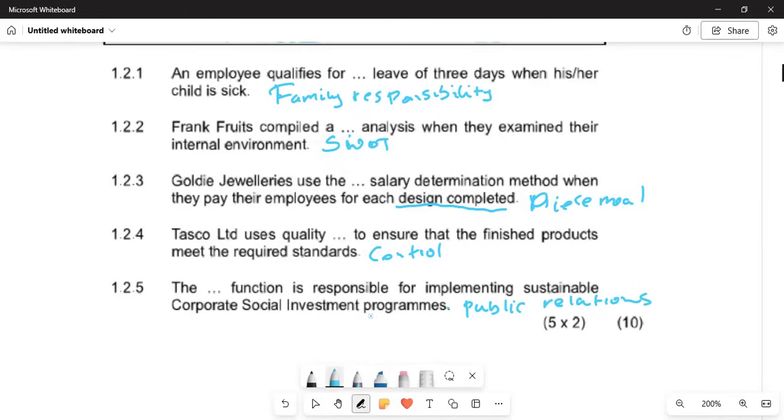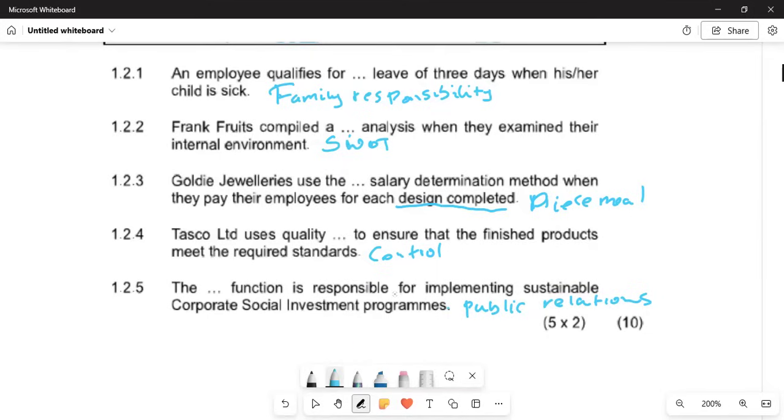The correct answer is public relations because the company is trying by all means to manage the image and social responsibility activities. So that is public relations, managing the company's image as well as doing social responsibility activities.